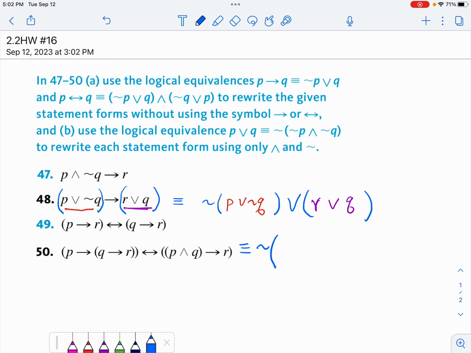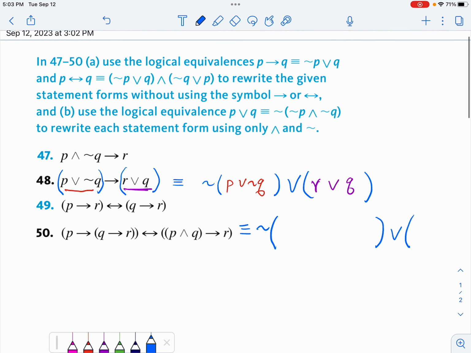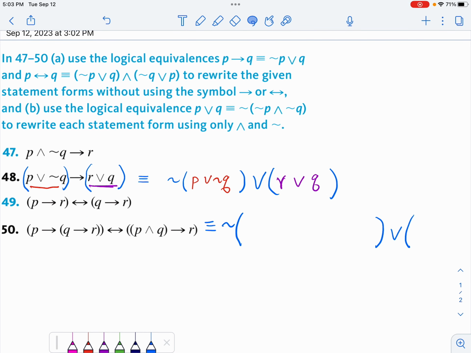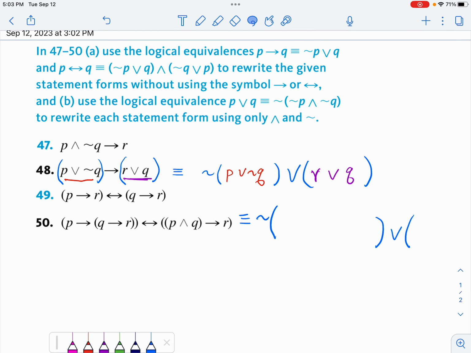So let's try to rewrite it. I do not have enough room, so I'll move this and do it on the bottom, congruent to. My plan is to rewrite this here and this here so that there's no more or symbol.